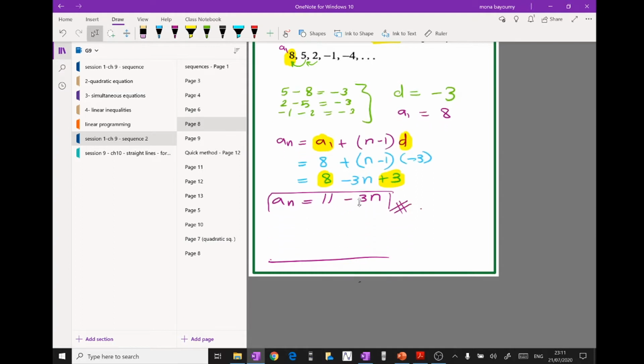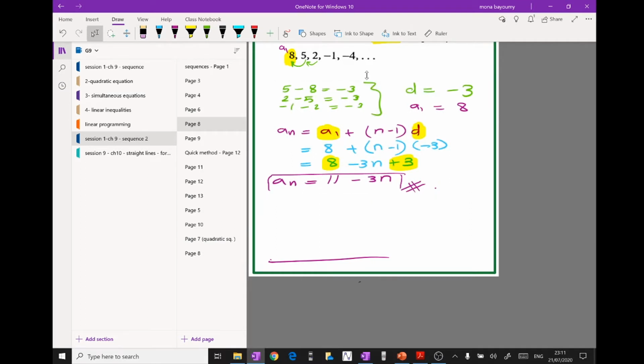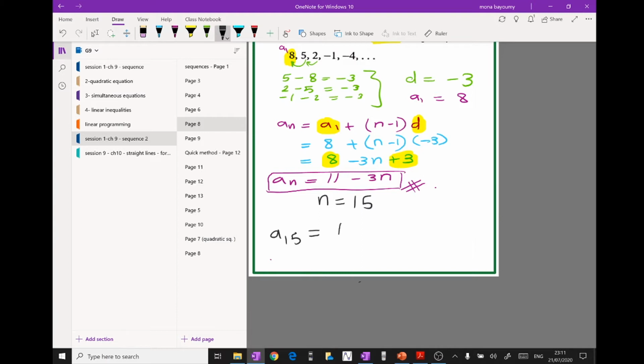So a15 equals 11 minus 3 times 15, which is equal to 11 minus 45, which is equal to negative 34. a15 is equal to negative 34. Easy? I think it's so easy.